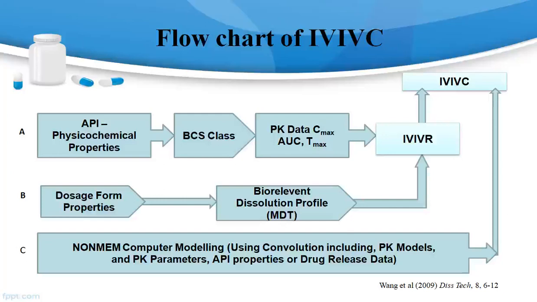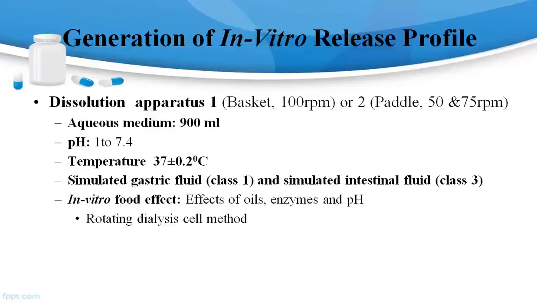Second step, dosage form properties like biorelevant dissolution profile and mean dissolution time, and both sets of data are put into computer software known as a nonlinear mixed effect model. Under this, using convolution, including pharmacokinetic models and parameters, API properties or drug release data, then develop the in vitro in vivo correlation.